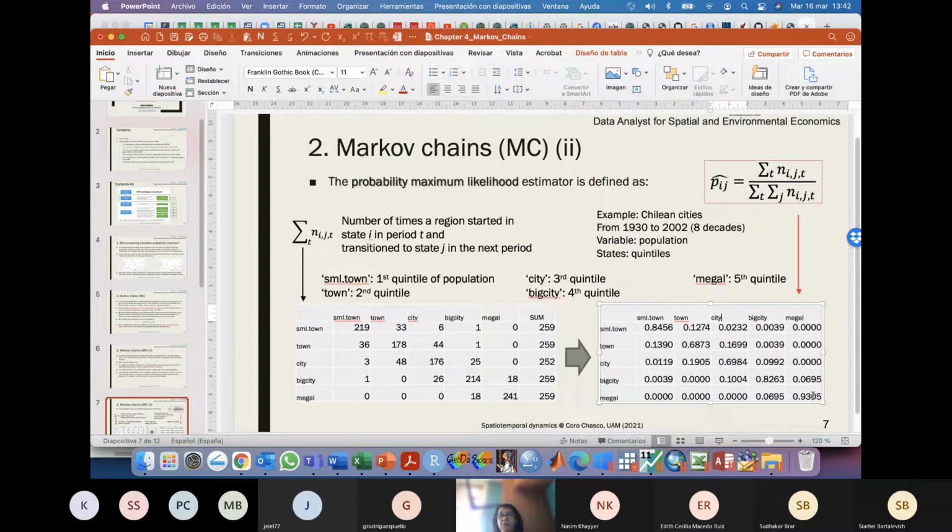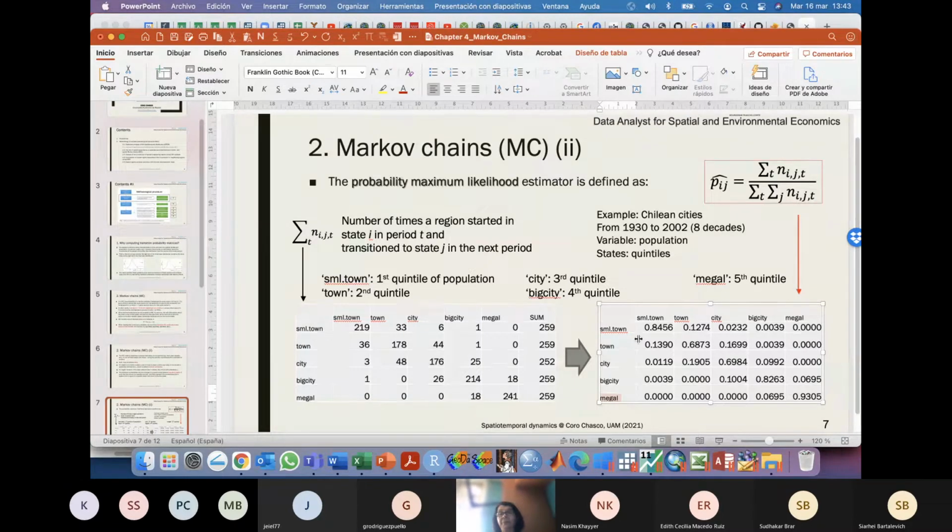And this is what predominates, particularly in the first and last classes, because since it is a continuous variable, the first and the last correspond to the spatial units with the lowest and the highest values.